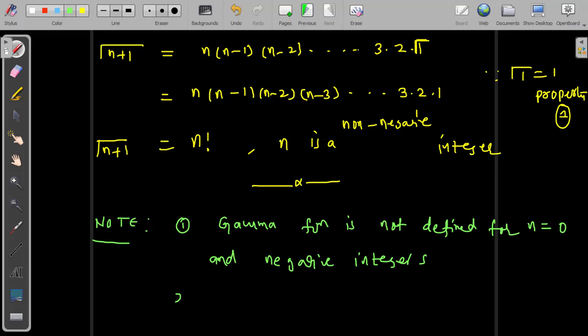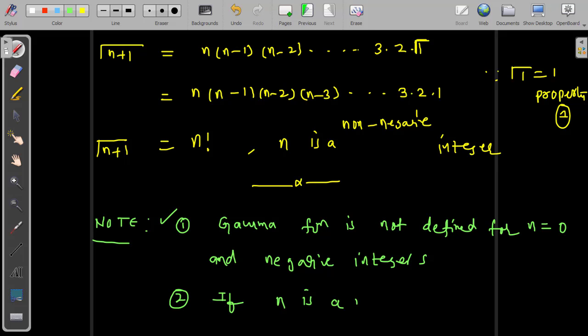So the next property, a very important property. The second property, so last class we discussed property number 2. The extension of property number 2: if n is a positive integer, which we already discussed, I will write again.